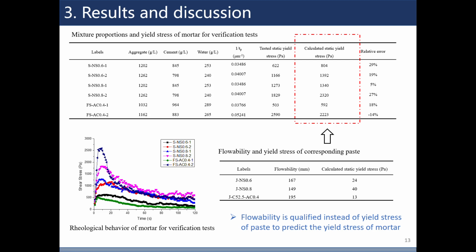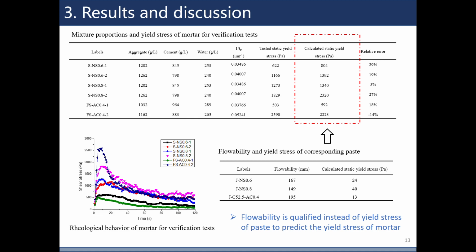Each group of paste was mixed with a certain amount of aggregate to prepare printable mortar samples, and based on the calculated yield stress of paste, we can figure out the predicted yield stress of 3D printing mortar, shown as calculated yield stress.